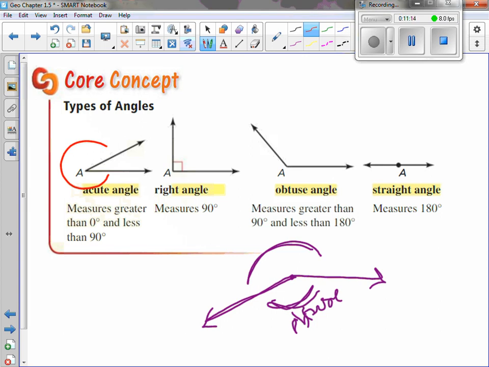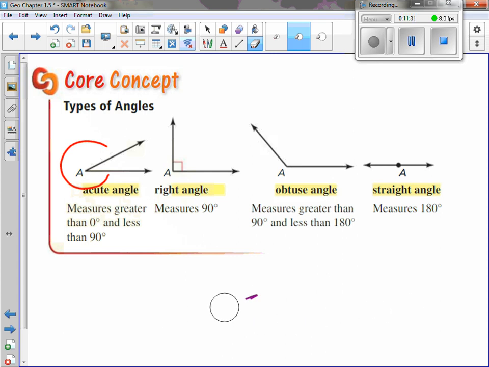Once we go past 180, we're not looking at that one, we're looking at the other side. Does that make sense? So we're not looking at this angle anymore, we're looking at this one down here. Y'all see this here? So when we talk about the measure of the angles, we're really focused on the ones that are equal to or less than 180. If it ever goes beyond 180, we're looking at the other part of it.